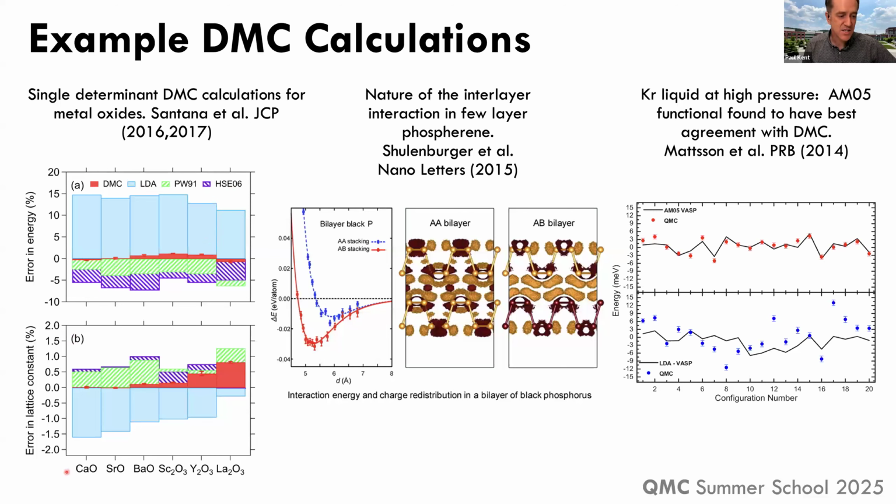When one looks at the lattice constant, we again see that diffusion Monte Carlo, done with the single determinant recipe I've been pushing, is very, very good for calcium oxide, but by the time we get to lanthanum oxide, we can see a growing error. It's still maybe only a bit under 1%, but nevertheless, we should note that it's growing, probably with atomic number.